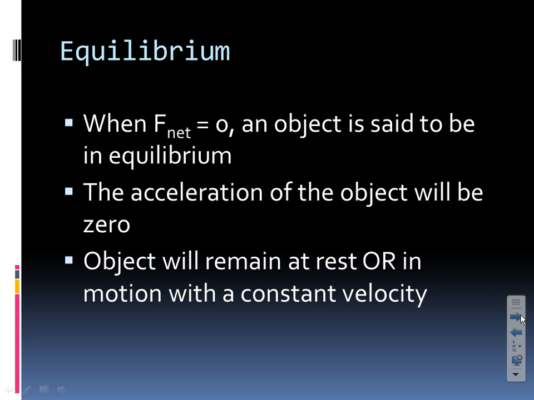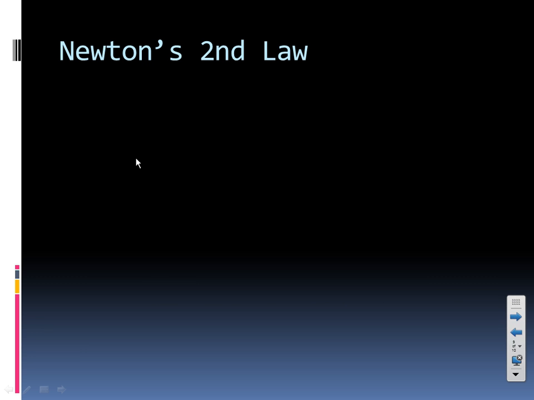But again, that gets us back into Newton's first law. Inertia takes over. Whatever it was doing, it will continue doing. So what if those forces aren't balanced? That's where Newton's second law comes in. Newton's first law deals with things not changing, things in equilibrium, or inertia taking over. Newton's second law deals with things that have non-balanced forces.